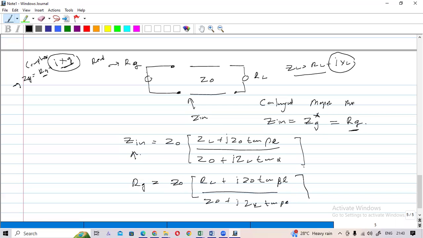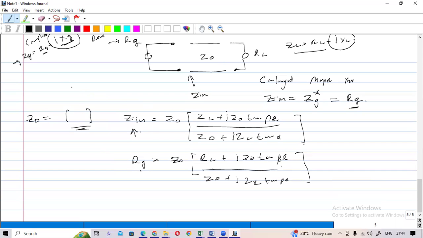Actually here you can solve. You can find the value for Z naught using this Rg, RL, and tan beta L.